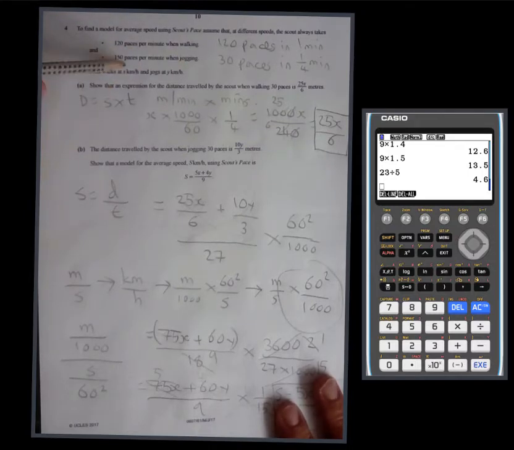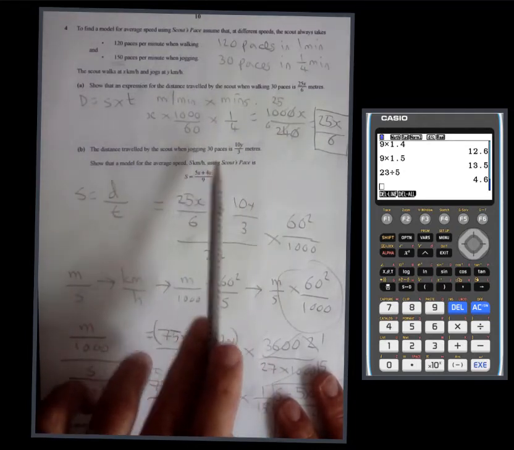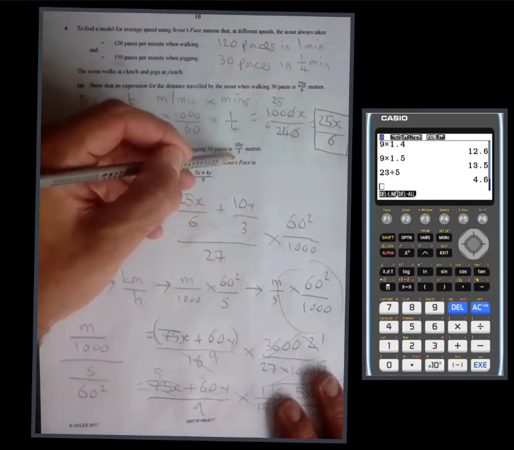So this 150 paces per minute that he was jogging, that was your y before. If you just take all the details for y and convert that to x, then that shouldn't be too bad at all.